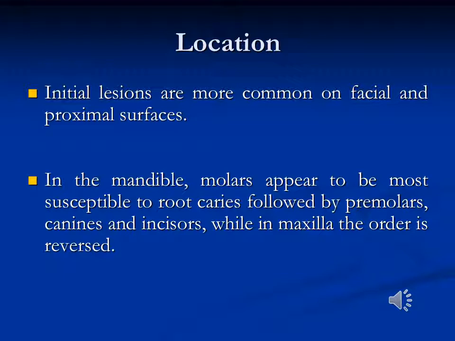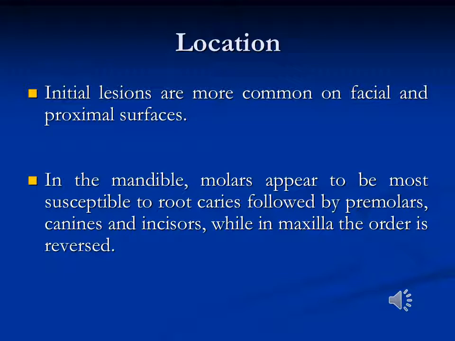Initial lesions usually are common on facial and proximal surfaces, less common on the lingual or palatal surfaces. Then, if the lesion becomes larger, it may extend to include the different surfaces of the root.